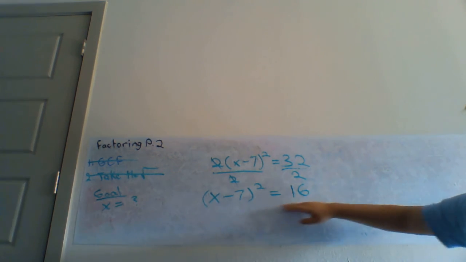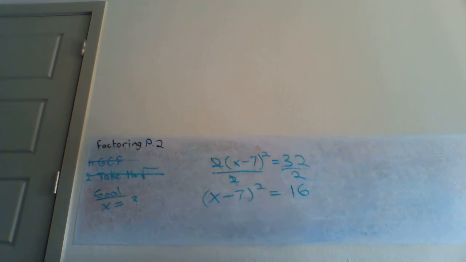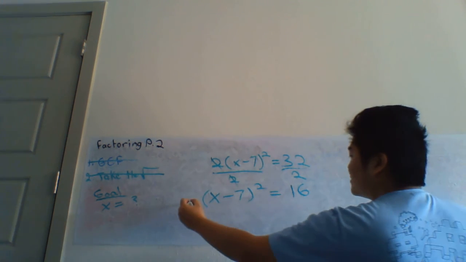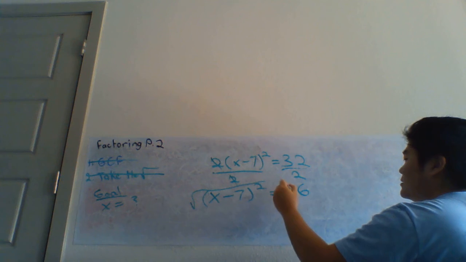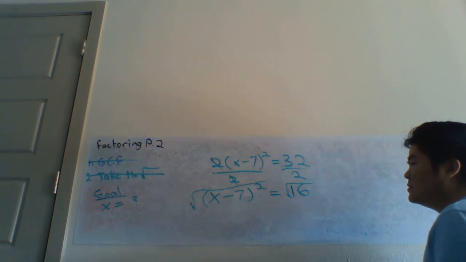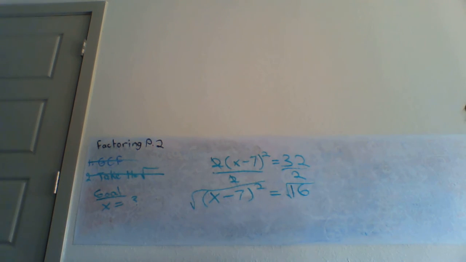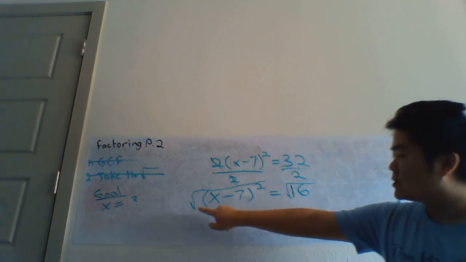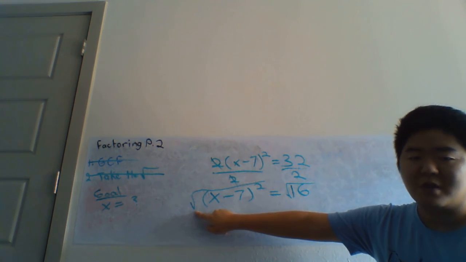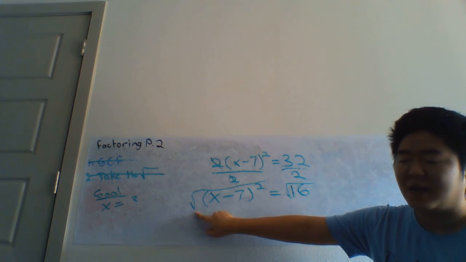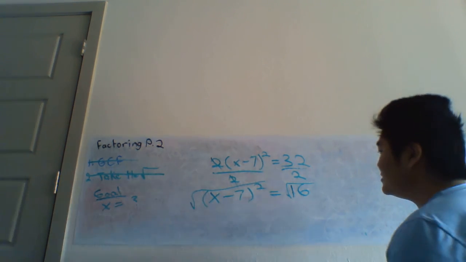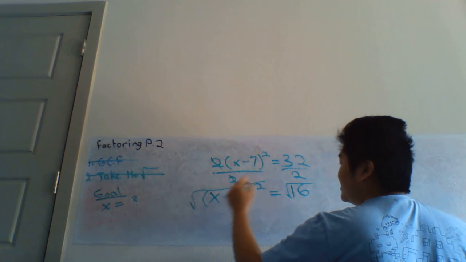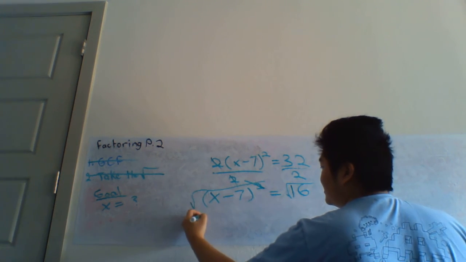Now it looks like something that we can work with. So I'm going to go ahead and take the square root of both sides. And just like before, this squared and this square root, they're polar opposites. They are inverse operations. Because of that, those 2 cancel out.